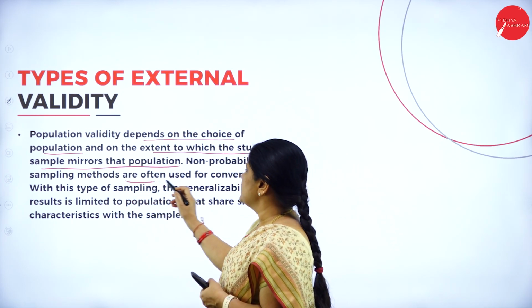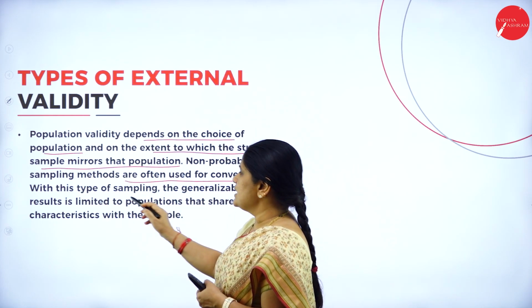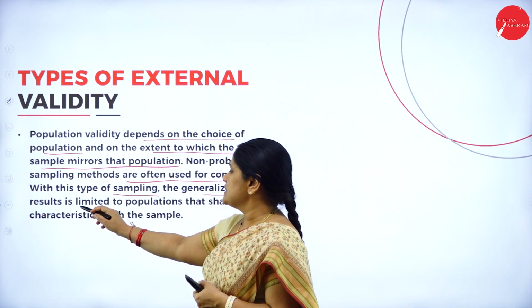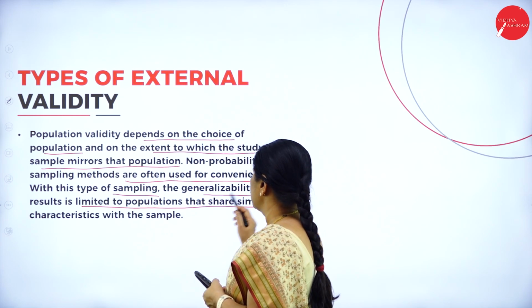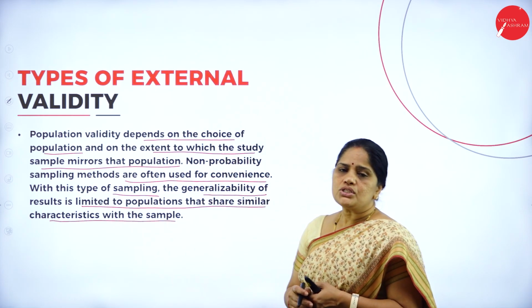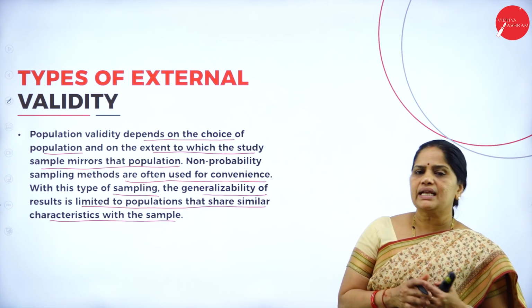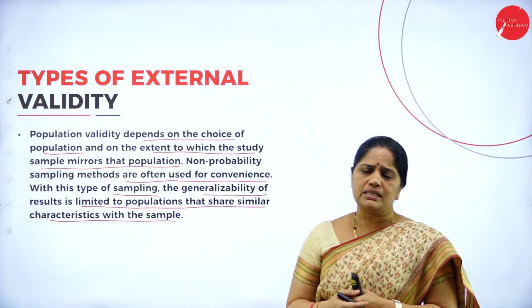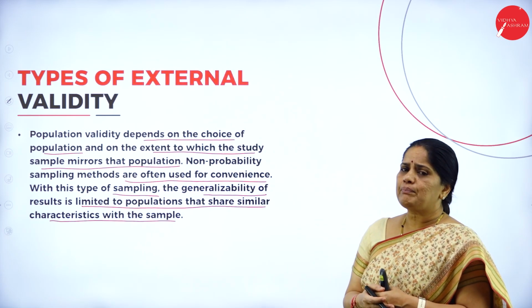Non-probability sampling methods are often used for convenience. With this type of sampling, the generalizability of the results is limited to populations that share similar characteristics with the sample. We have various sampling techniques: probability sampling techniques and non-probability sampling techniques.